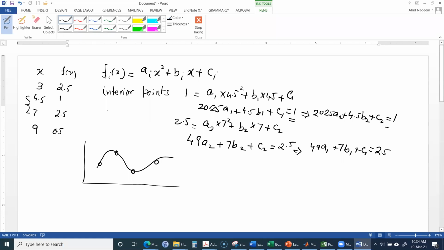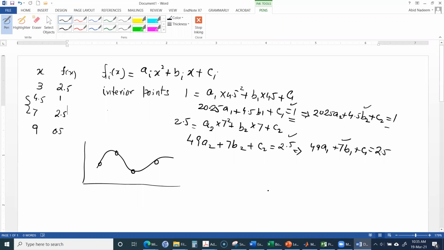For this common point, we are calculating the value of the function from the left function and from the right function. So simultaneously, 20.25 a1 plus 4.5 b1 plus c1 will be equal to 1, and for a2, it will also be equal to 1. So we get these four equations.